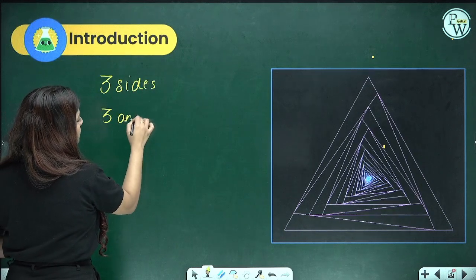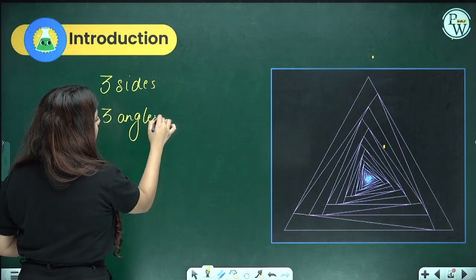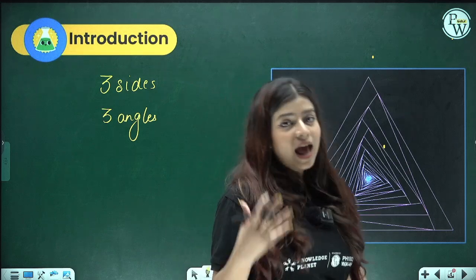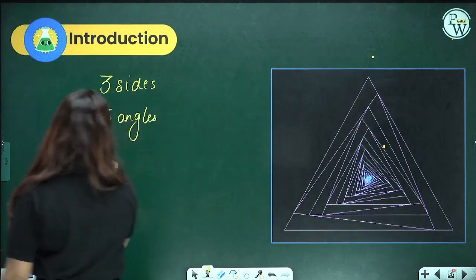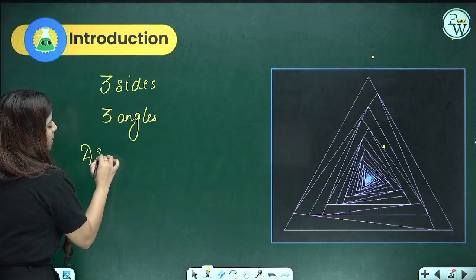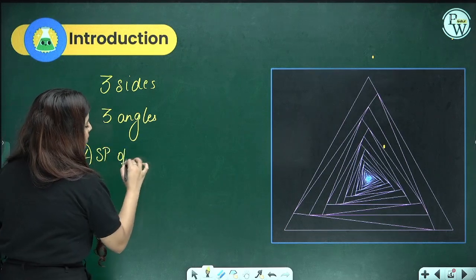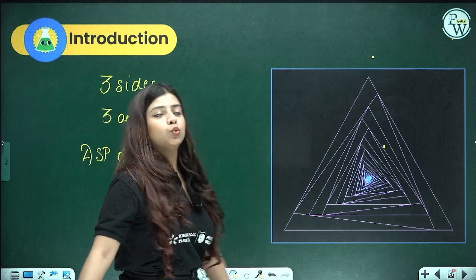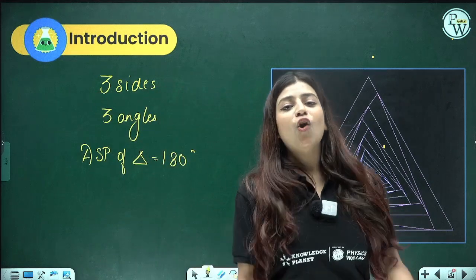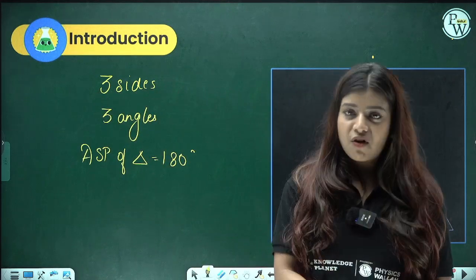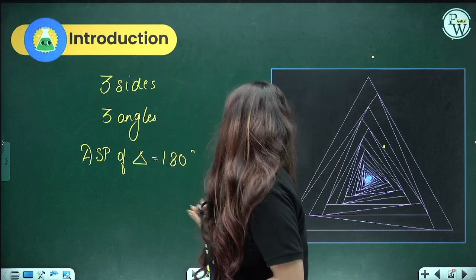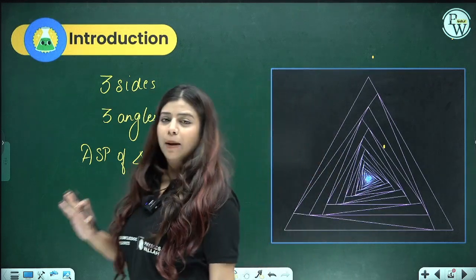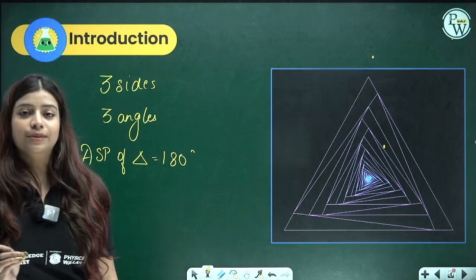Apart from these things, we know that it has three vertices also, and we know one more thing, the angle sum property of a triangle, that is, ASP of a triangle is equal to 180 degrees. Now what is the angle sum property of a triangle, students? Basically, the sum of all these three angles in a triangle is 180. So this is the knowledge that we have already had about the chapter and about the word triangle.